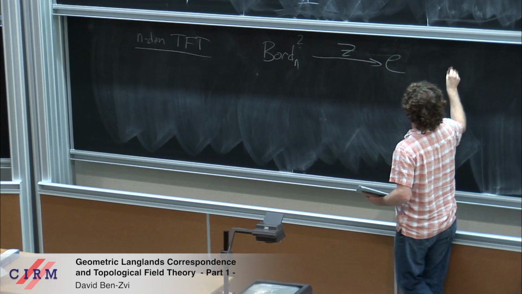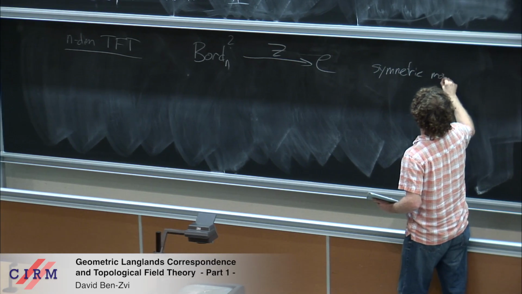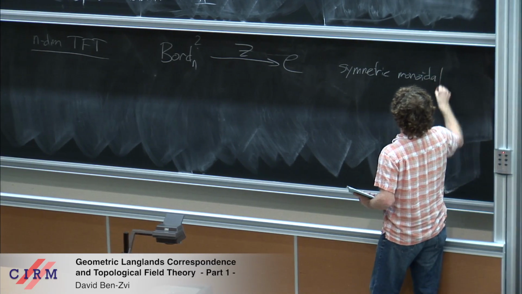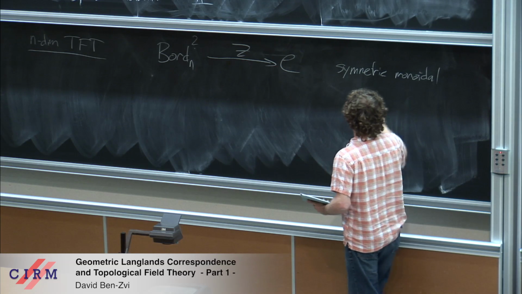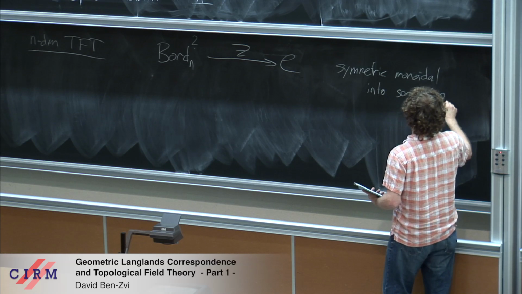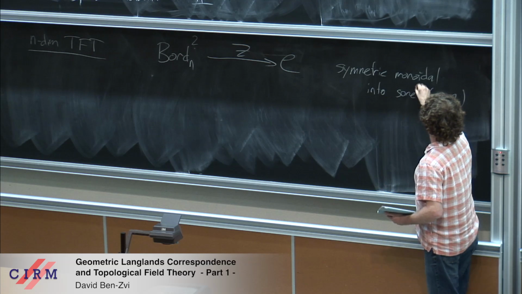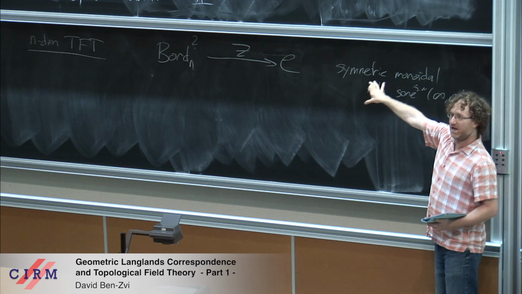It's going to be a symmetric monoidal functor, so a representation of the structure I have into something of the same kind, into some other infinity-n symmetric monoidal category. So it's just a map like this. We'll specify what kind of targets we want.